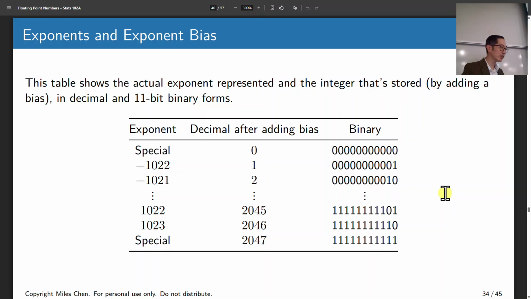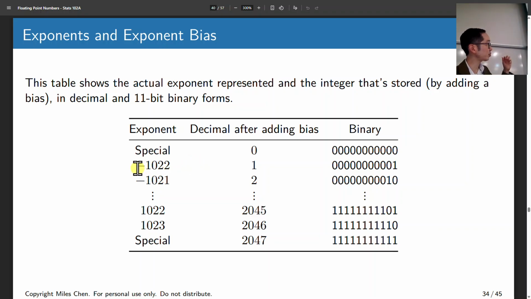All right, but imagine I list off all 2,048 possible values in binary, starting from all zeros and ending in all ones. I've got 2,048 unique values. All zeros is a special case, all ones is a special case, and everything else gets mapped going from negative 1,022 to positive 1,023.